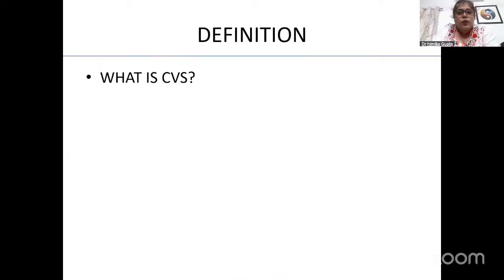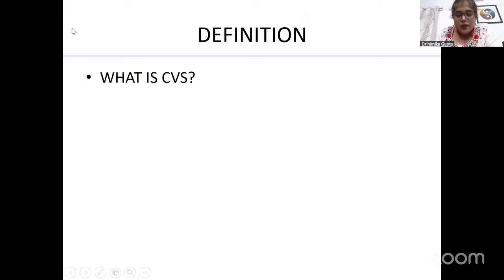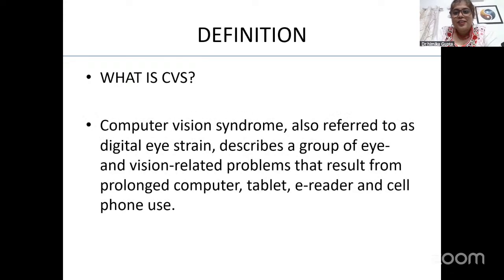So my first question to the audience is, what is CVS? Most of us went through residency. What did CVS stand for back then? Any answers? Anybody who's awake and paying attention, please respond. Cardiovascular system. Thank you very much. We have a new definition now.